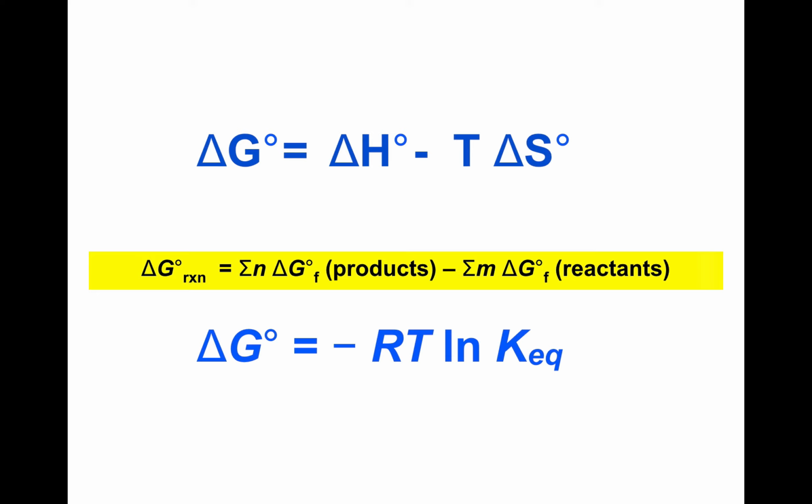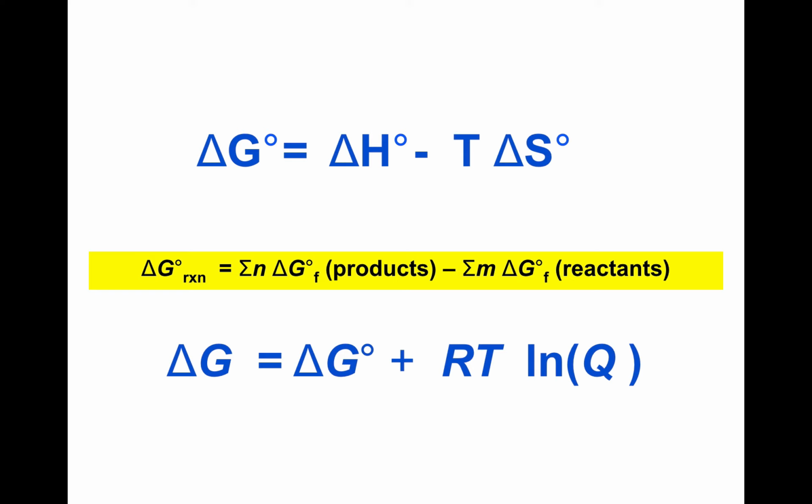Multiply R, the gas constant in joules, by the temperature in kelvins, by the natural log of the equilibrium constant. Multiply by -1 and that gives me the relationship between the equilibrium constant and a loss or gain of free energy. That's at standard conditions. So if delta G naught is a way we can equate free energy changes to the equilibrium constant, free energy changes not at standard conditions are a way of figuring out where we are in an equilibrium.